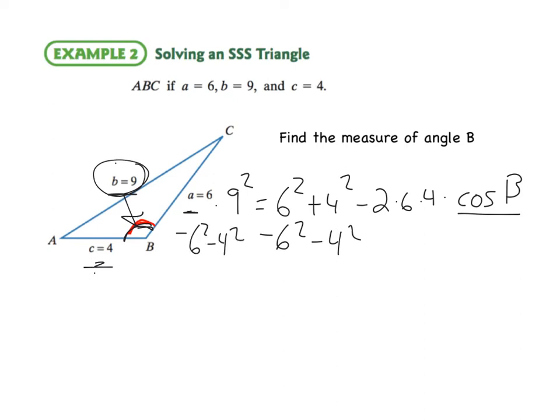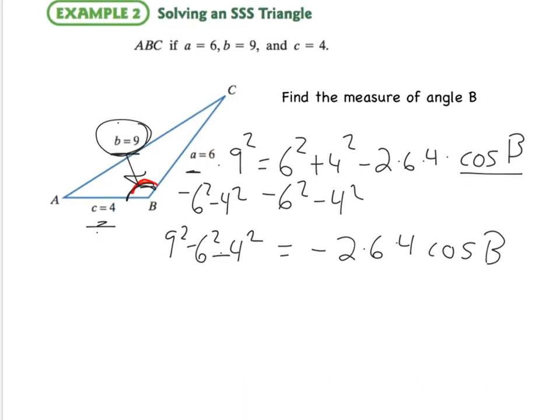So over here, I'm going to type in 9 squared minus 6 squared minus 4 squared. And then over here, I'm still going to have that negative 2 times 6 times 4. If you just always do it that way, you will avoid a very common and annoying problem that gets you the wrong answer.